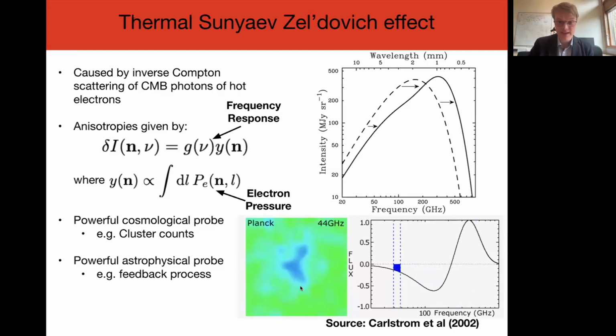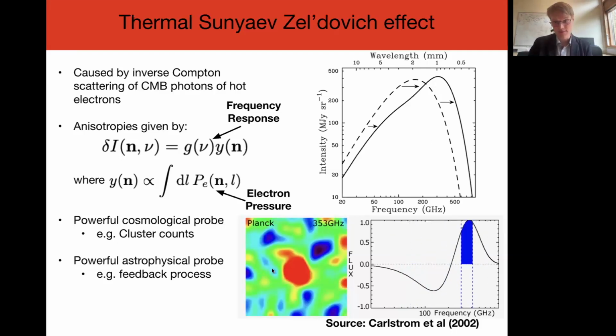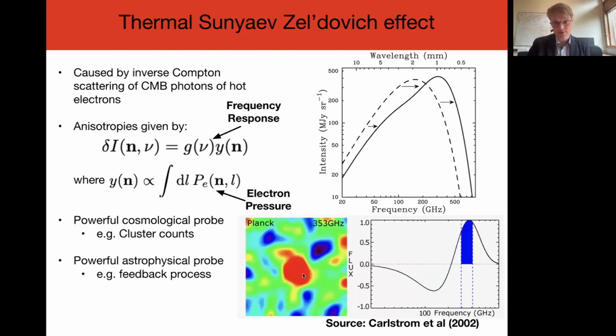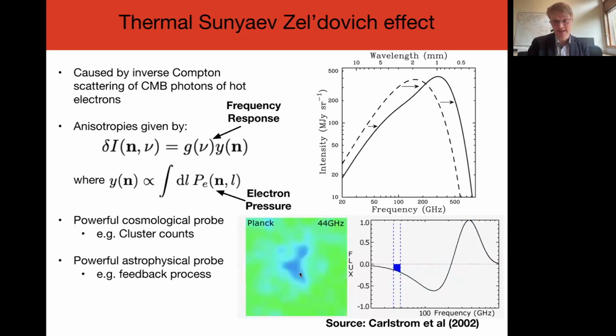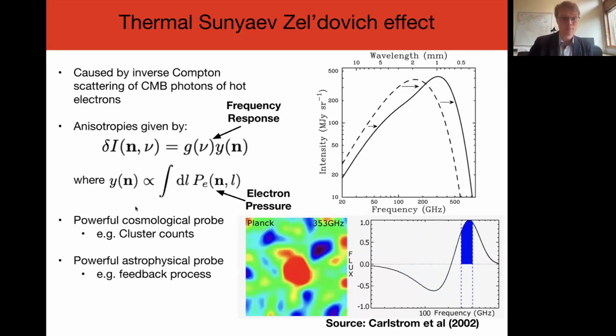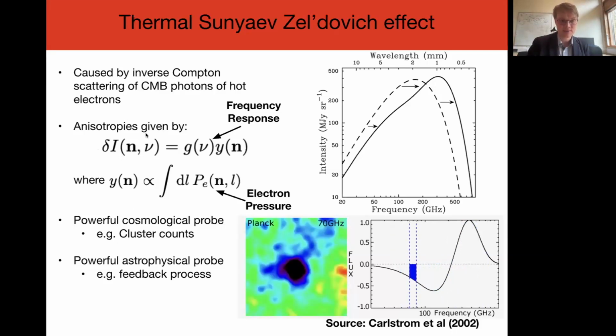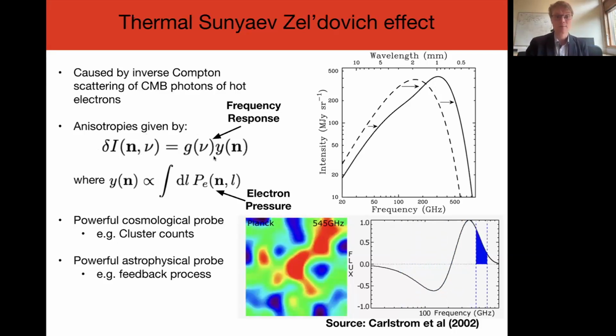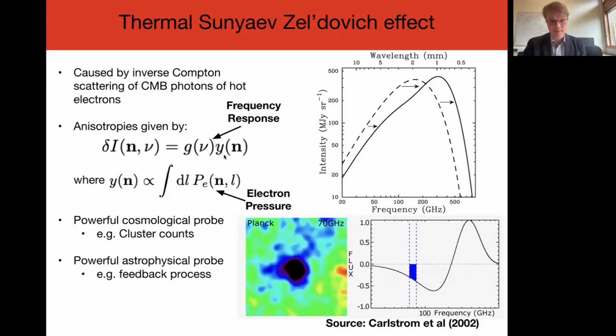This can be shown here in this bottom video, which shows measurements of a cluster by Planck, where at low frequencies, you see this blue negative signal, which goes to 0, and then a red excess above 217 gigahertz. More specifically, our anisotropies, as we observe them in our map, will depend on this frequency function and a parameter that we call the Compton Y parameter.